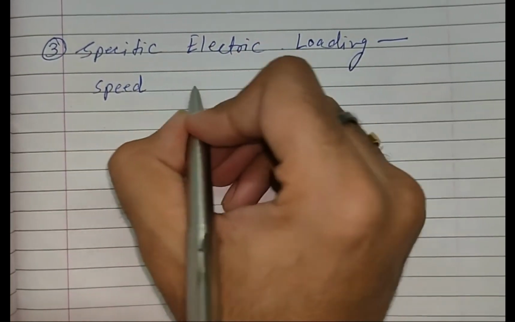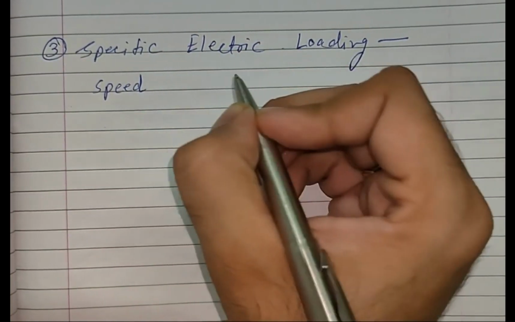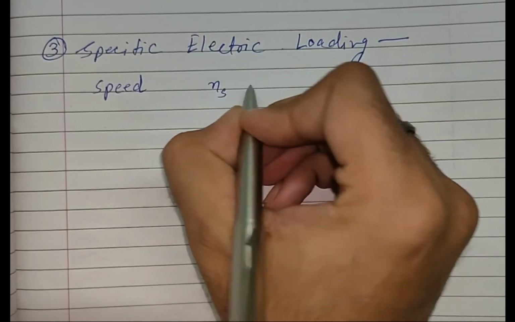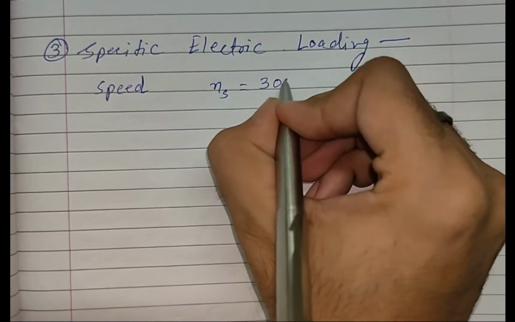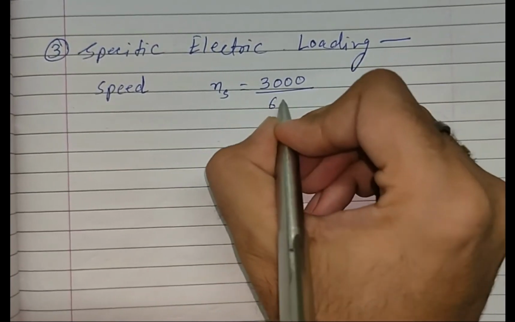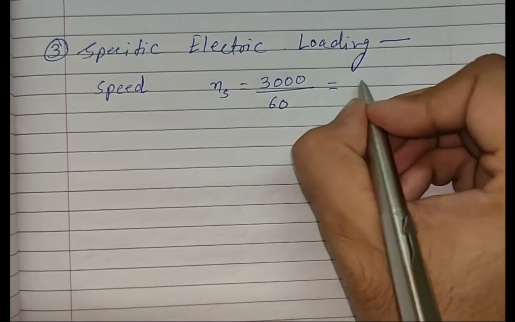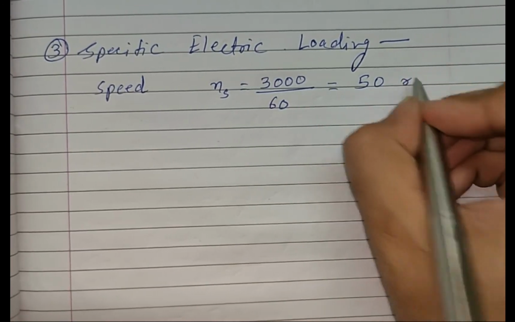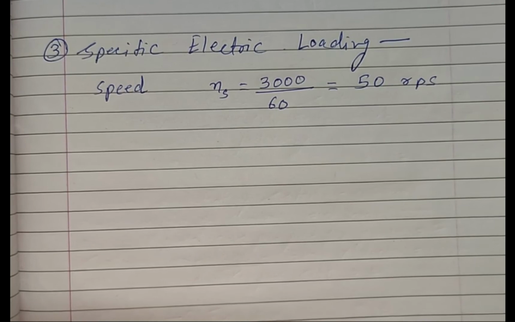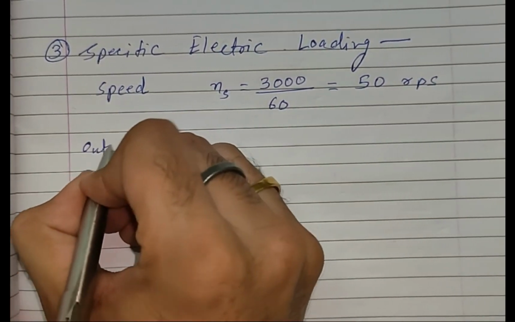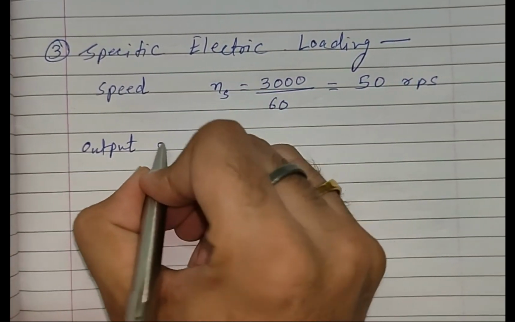The speed of the alternator in RPS is represented by NS, which is nothing but 3000 RPM divided by 60, which gives me the speed as 50 RPS.